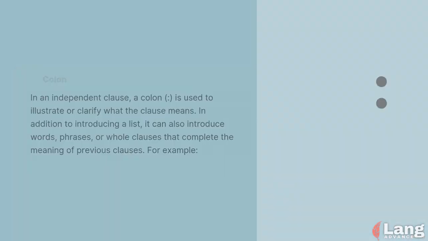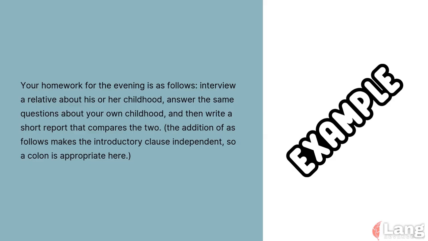For example, your homework for the evening is as follows: Interview a relative about his or her childhood. Answer the same questions about your own childhood, and then write a short report that compares the two. The addition of "as follows" makes the introductory clause independent, so a colon is appropriate here.